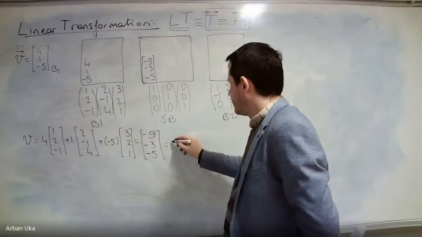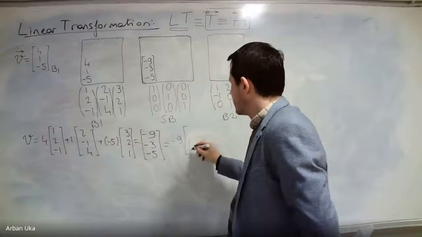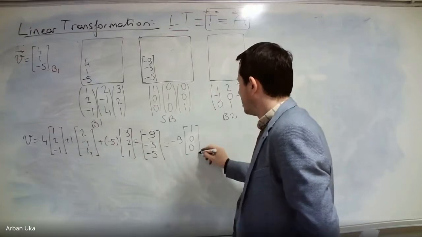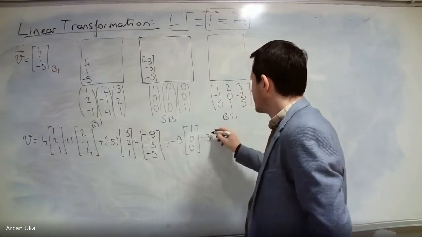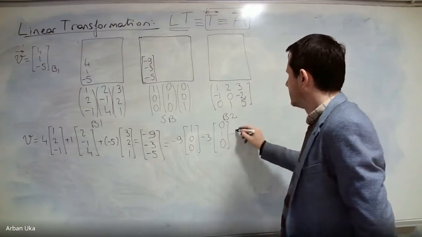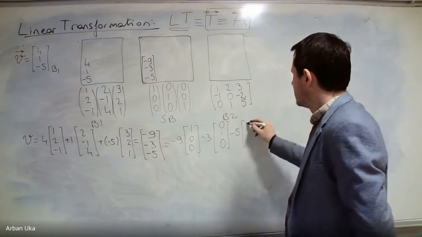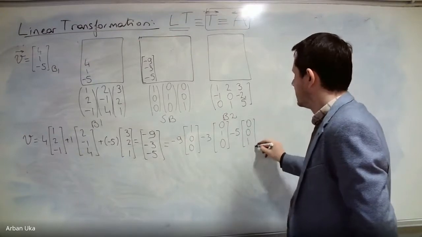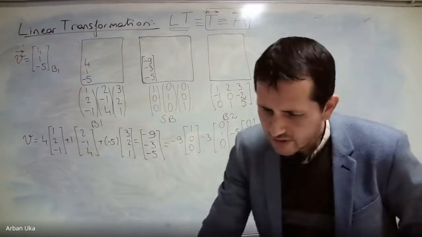And now we write that v is equal to minus 9 times 1, 0, 0, plus minus 3 times 0, 1, 0. So this is the projection, minus 3 times 0, 1, 0, minus 5 times 0, 0, 1. So this is the same vector v, right?